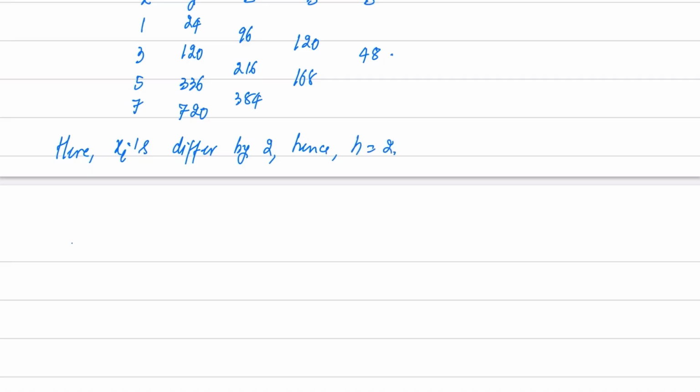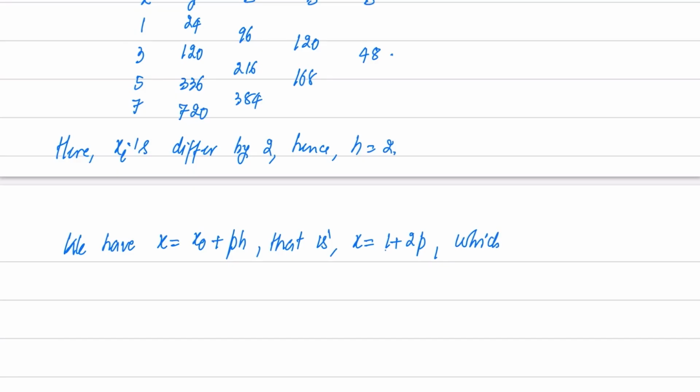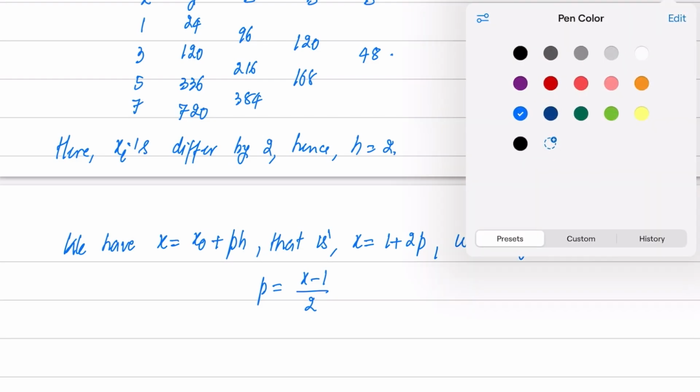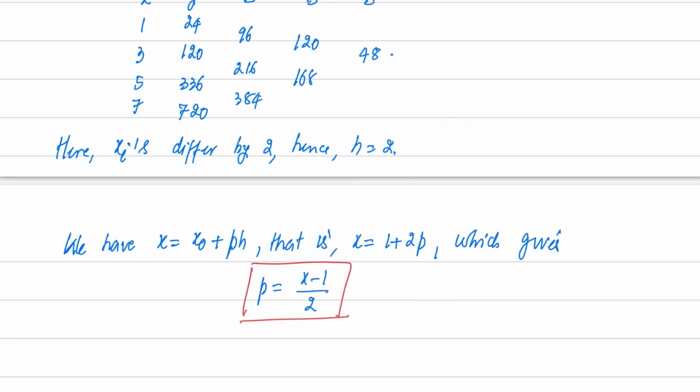Now in the definition, x is equal to x naught plus ph, that is, x naught is equal to 1 plus 2p, because x naught is equal to 1 and h is equal to 2, which gives p is equal to x minus 1 divided by 2. So this will be our first step to evaluate the value of p using the given information.